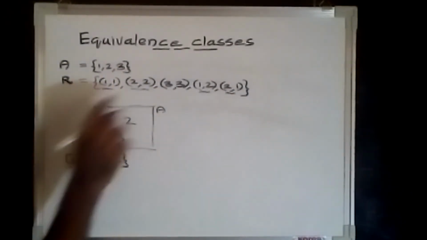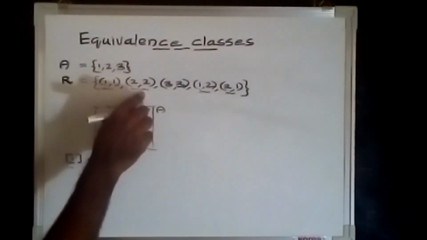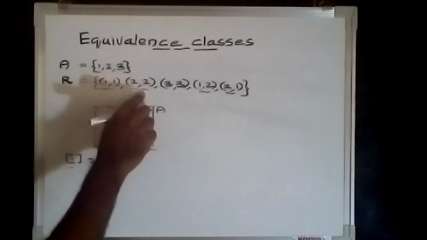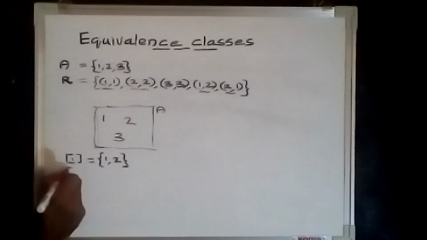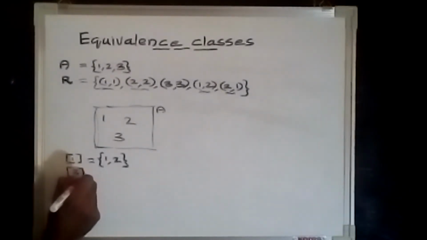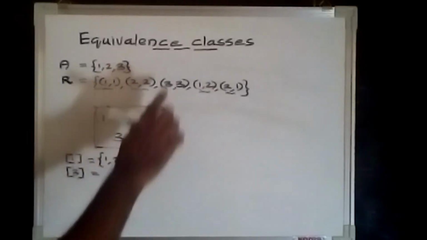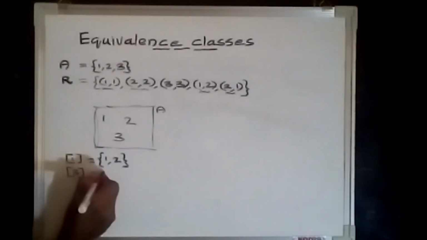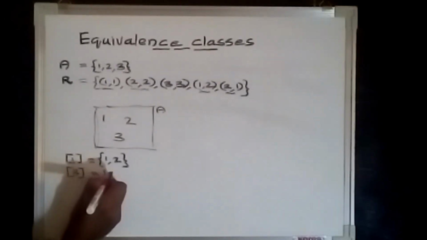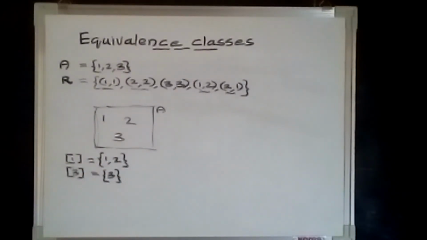We need not write equivalence class 2 since it contains the same elements 1 and 2. The next one is class 3, which contains only the elements related to 3. 3 is an isolate, related to 3 only. Therefore, class 3 equals the singleton set {3}.